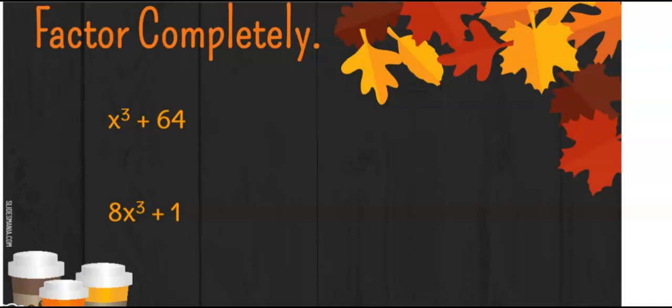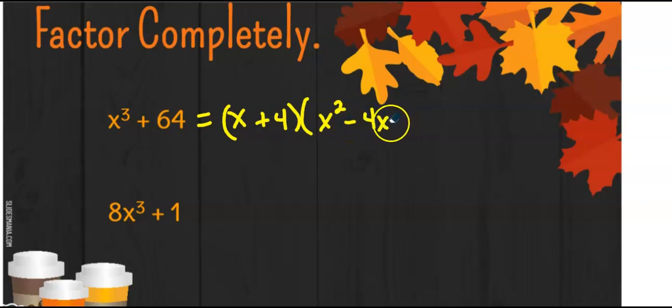So as we factor x cubed plus 64, we recognize that the binomial is going to be x plus 4. So to get the trinomial, we can square, opposite product, and square.